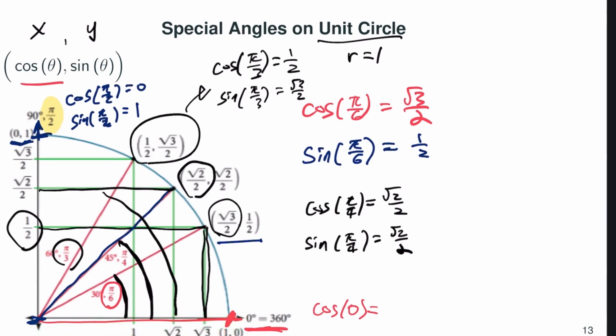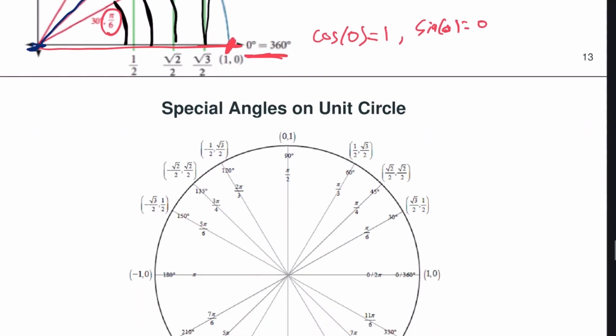That's why cosine of 0 is 1. Oops, sorry. And sine of 0 is 0, because there's no vertical distance for this angle. So for these special angles, this is just the first quadrant, and you need to be able to construct the second, third, and fourth quadrants. So here's the next picture.